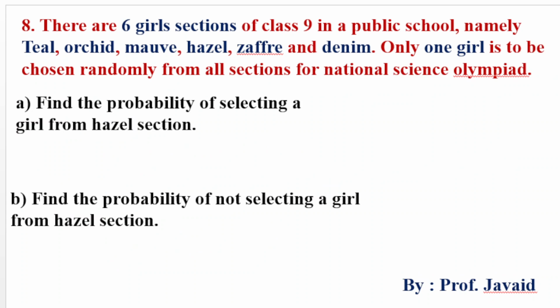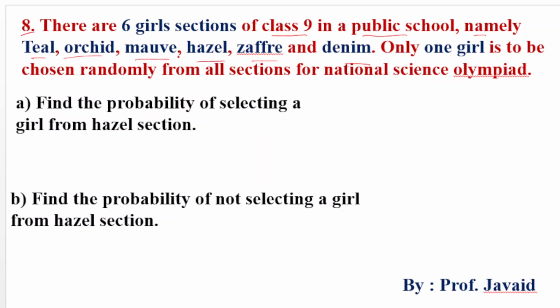Question 8 is here. This is the last question of this exercise, an important question also. There are 6 girls sections of class 9 in a public school, namely Tail, Orchid, Maeve, Hazel, Zafri and Denham.